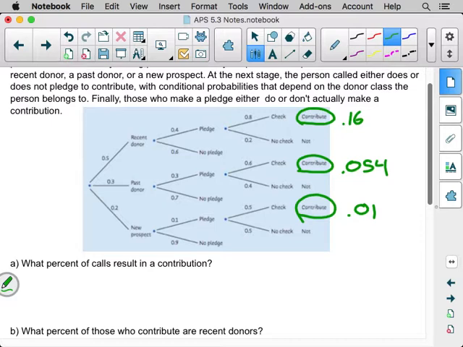Now, if it can happen this way, or this way, what do we do with those ors? This, or this, or this? Add them up.